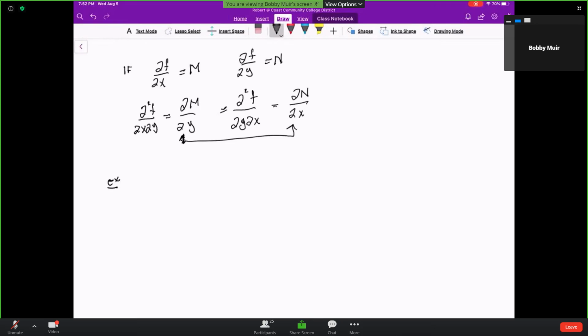Okay, so for example, let's look at this guy. I'm going to have (y over x) dx plus (1 plus the natural log of x times y) dy equals 0.